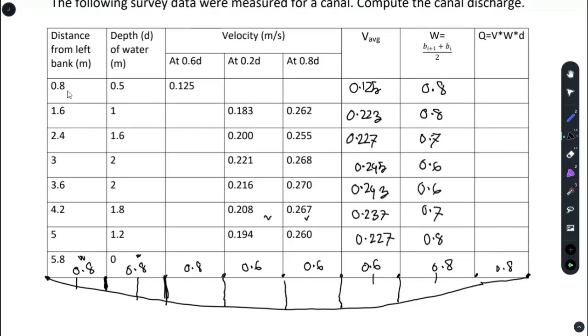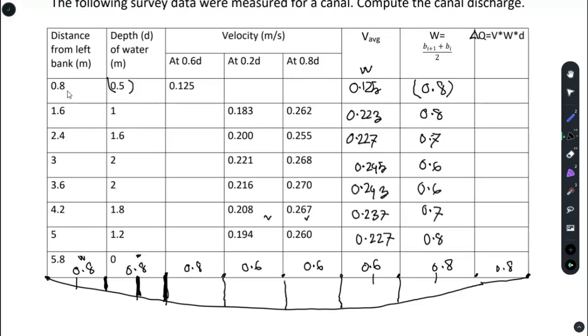Eventually, you will find the discharge for the section. That would be the multiplication of this velocity and the area. To get the area, you will multiply your width value with your depth, like this. So you have the average velocity of this section, and you need the area.